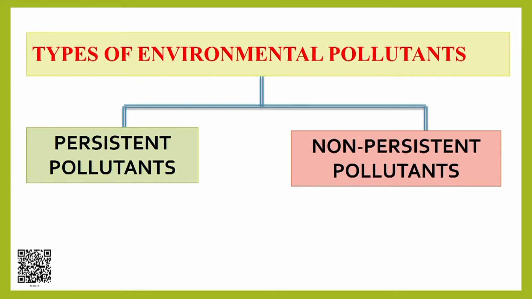These pollutants, often referred to as forever chemicals, are typically organic and can be either man-made or natural. Non-persistent pollutants, also known as biodegradable pollutants, are substances that can be easily broken down by natural processes like decomposition or microbial activities. Examples include sewage, paper products and vegetable waste.